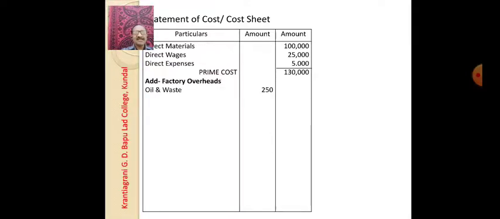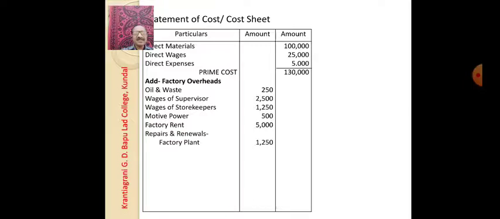First one, oil and wastage rupees 250. Wages of supervisors amount rupees 2,500. Wages of storekeepers amount rupees 1,250. Motive power rupees 500. Factory rent rupees 5,000.